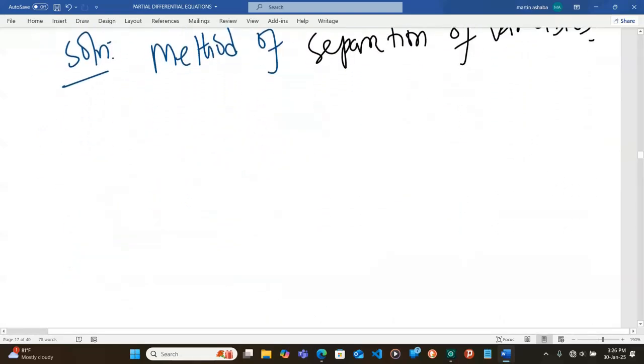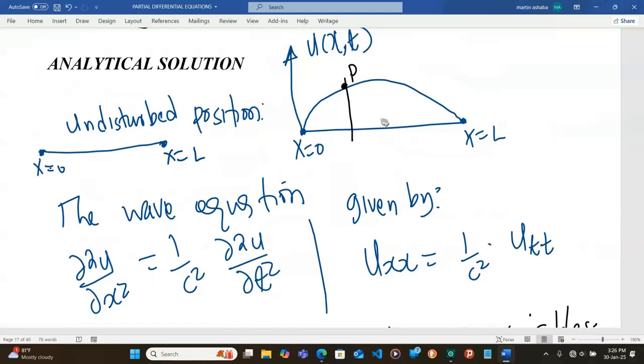Now the boundary conditions that we are going to consider, obviously we are going to say that when we have x is equal to 0 and x is equal to L, the displacement is going to be 0, because you can see here the string ends are fixed. They are fixed.